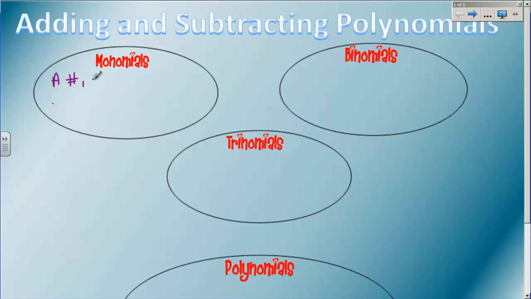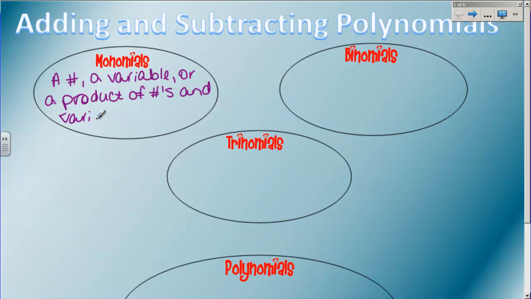It is a number, a variable, or a product of numbers and variables with whole number exponents.